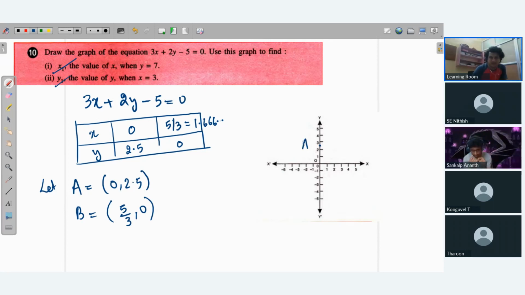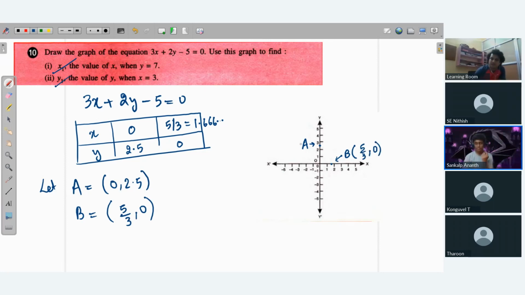This is A. Now 5 by 3 comma 0, it is 1.6. So I know it is more than 1.5. I just randomly put a point here and call it B and assign 5 by 3 comma 0 here.